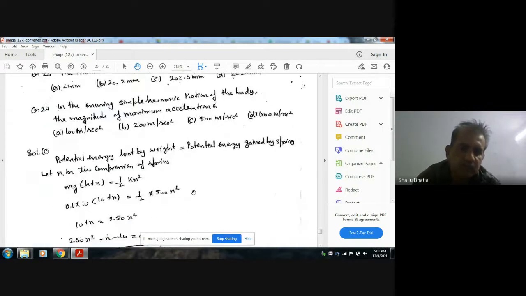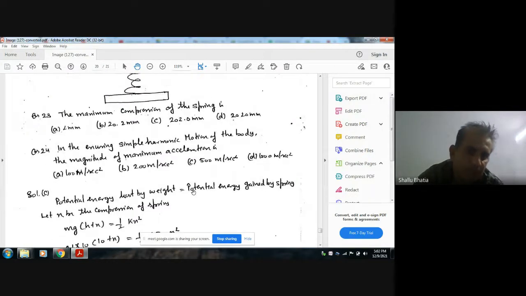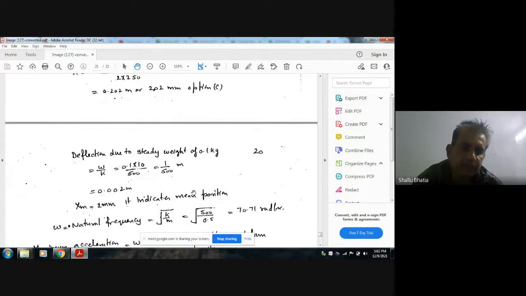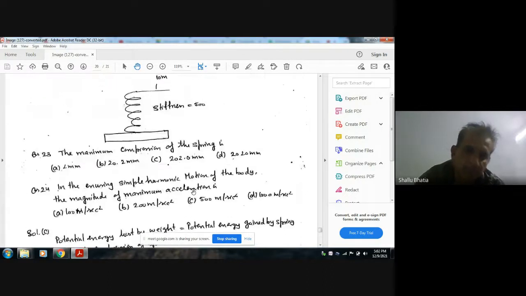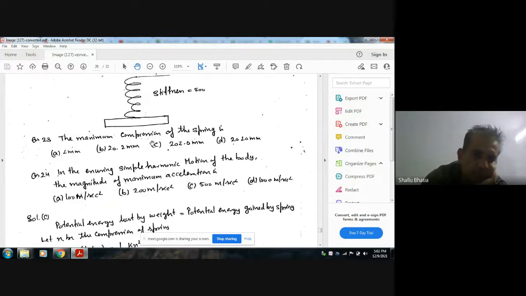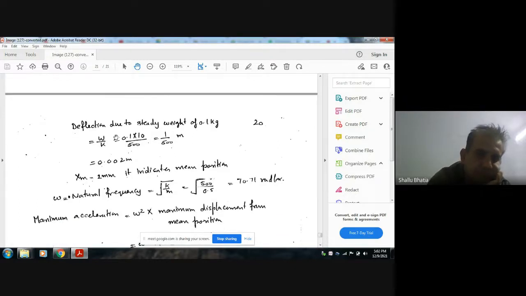Now, in the second part, we have to calculate the magnitude of maximum acceleration. First of all, we have to find the mean position about which the spring vibrates when a mass of 0.1 kg is placed on the spring. The mean position will be calculated using the weight and the static deflection, W by k.